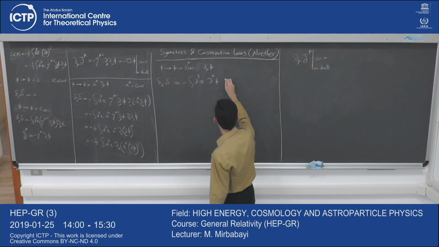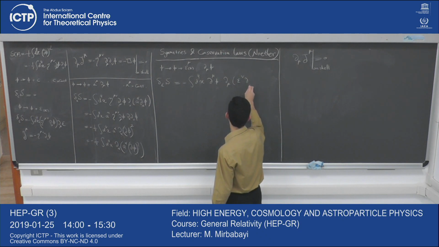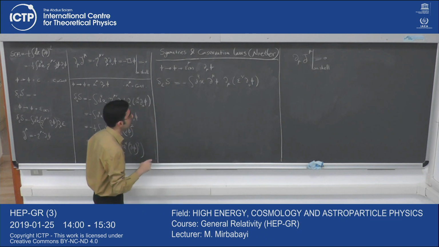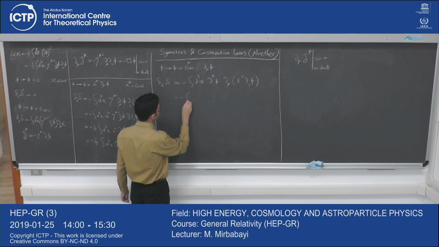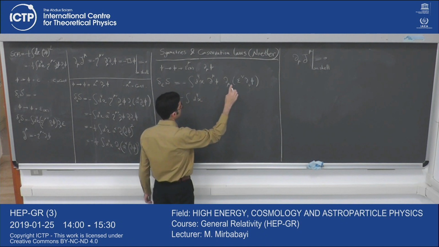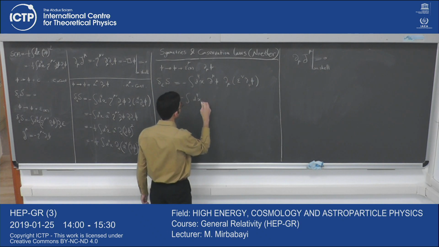So I have d mu of epsilon nu d nu phi. There are 2 contributions, one when the derivative acts on epsilon, one when it acts on phi.